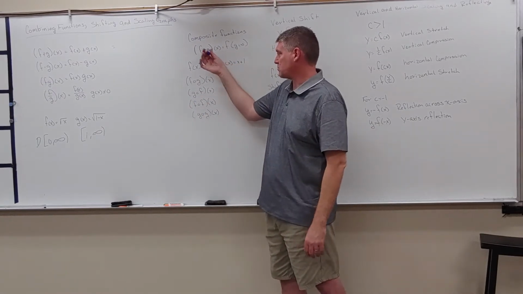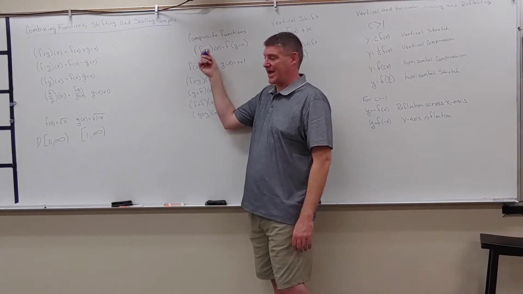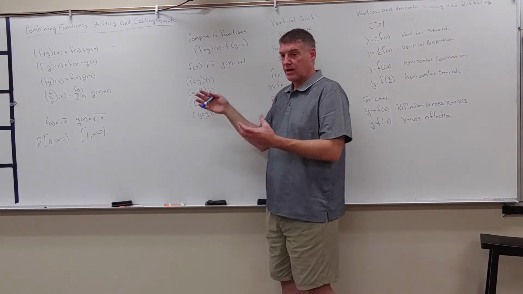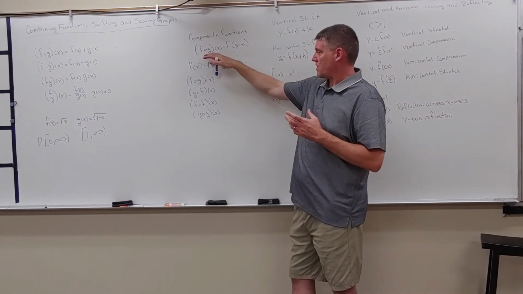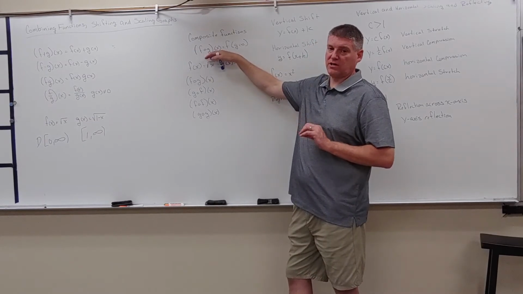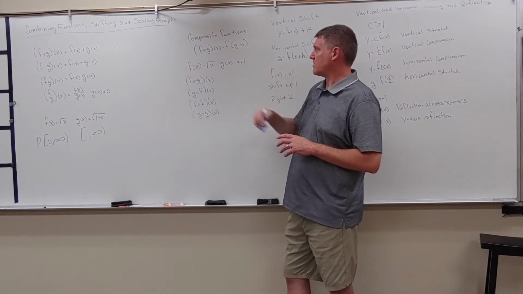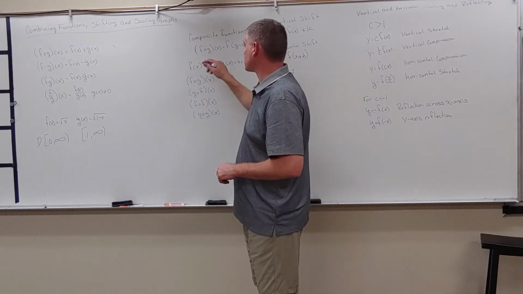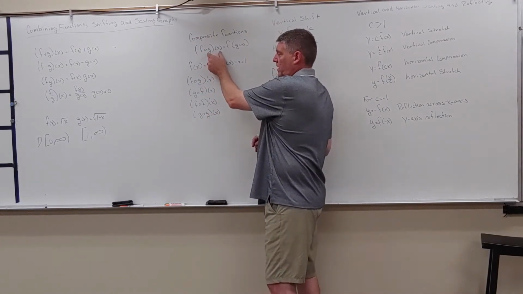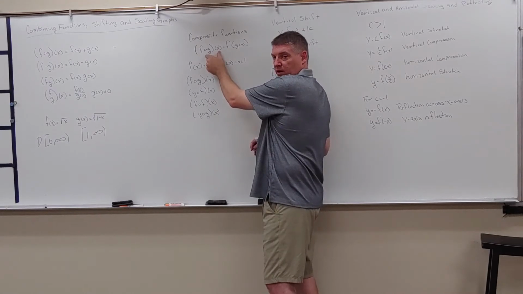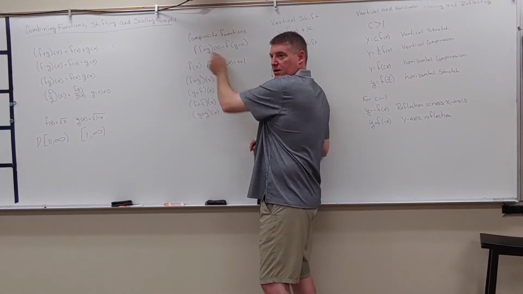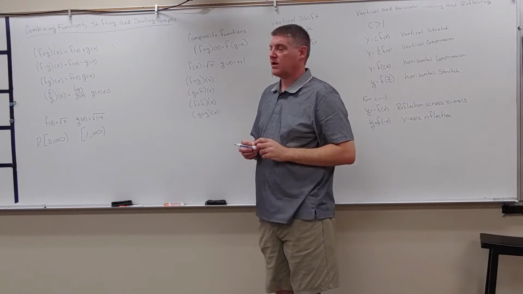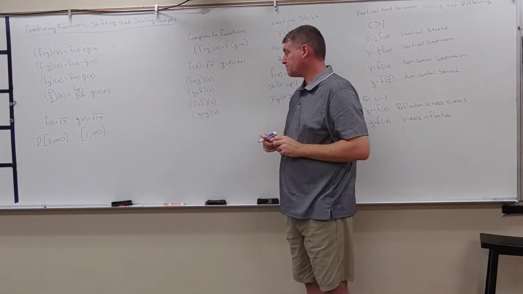I'm going to take the x, plug it into g, take that answer, plug it into f. So one of the things to understand in composition of functions is I have this domain and range for g of x and f of x. When I take g of x, my range of g of x becomes the domain of this function here.